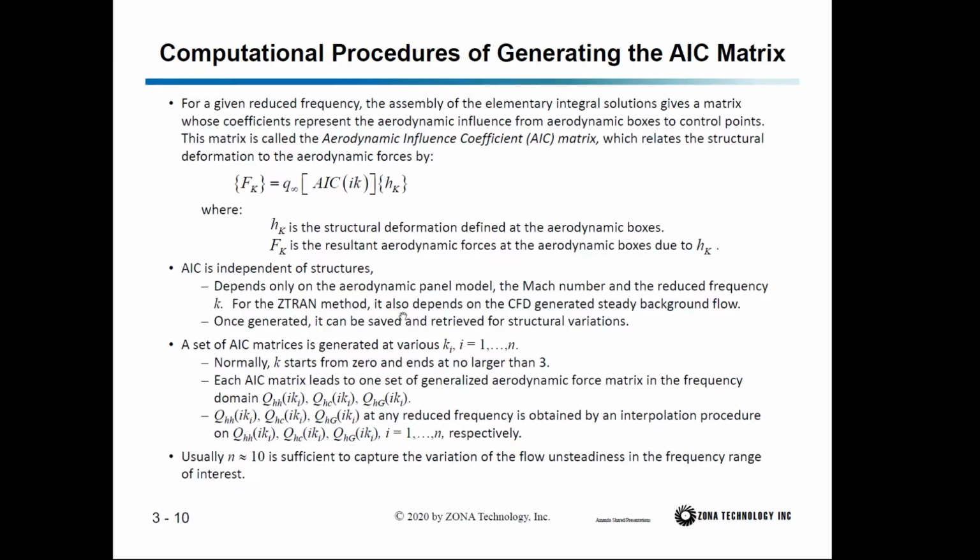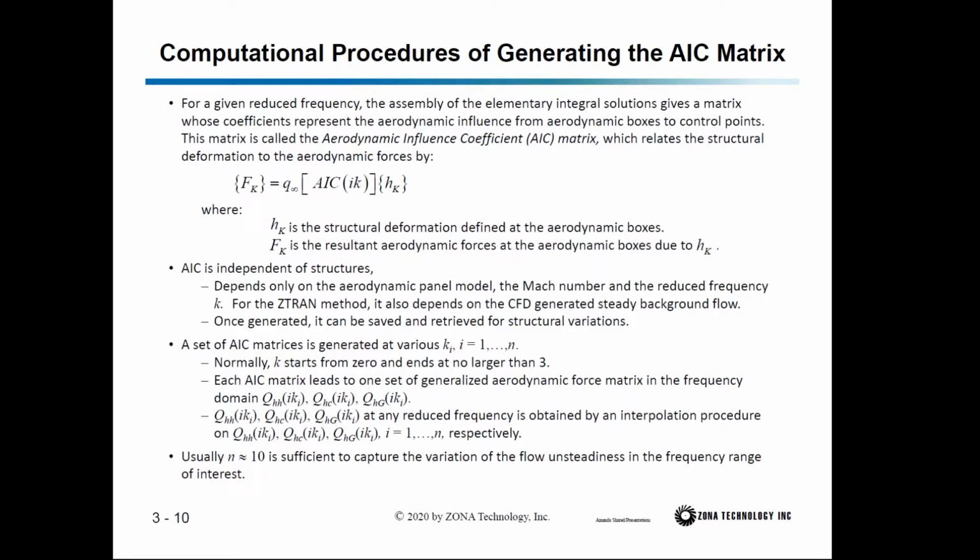For the Z-Trans method, it also depends on the CFD-generated steady background flow. Once generated, it can be saved and retrieved for structural variations. So during the structural design loop, you can reuse the AIC if the aerodynamic configuration is fixed.